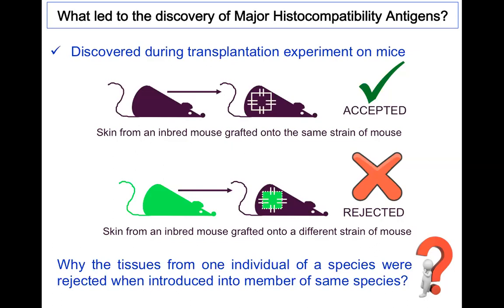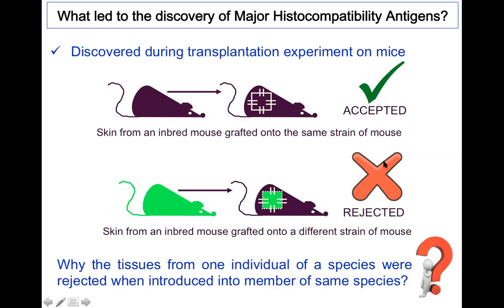When skin from an inbred mouse was grafted onto the same strain of mouse, it was accepted. But when skin from an inbred mouse was grafted onto a different strain of mouse, it was rejected.